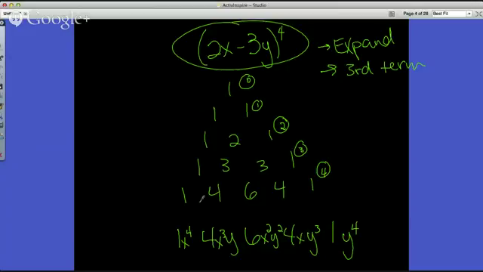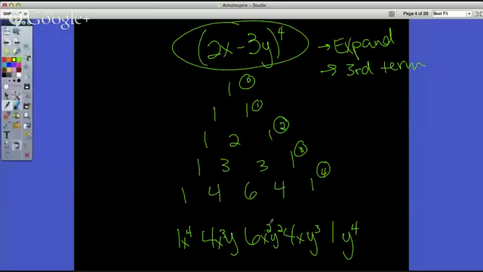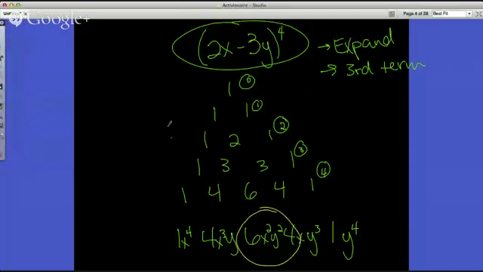Okay? Now, if I was saying, hey, do this, just find the third term for me. Now, what would be the third term? 6x squared. That's exactly right. So all I need to do is focus on that. So I'd pull that out over here on the side, 6x squared, y squared. And what would be plugged in for x? And if x confuses you, you could actually use a and b, right?